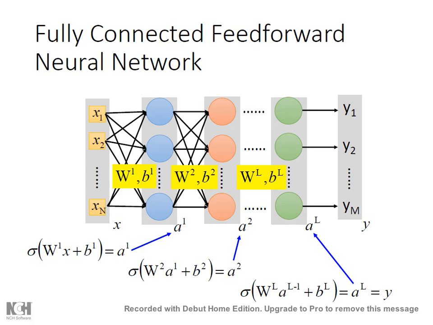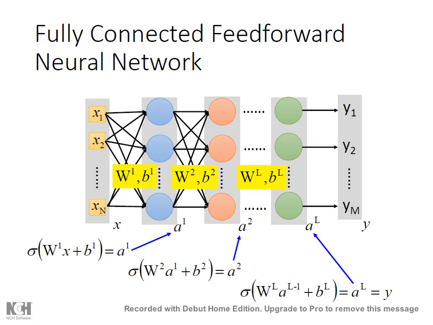So the weight matrix multiplied with X plus the bias B represents the first layer function. Through an activation function, you can obtain this output A1. The A1 is the output for the first layer, and A1 will also be the input for the second layer.